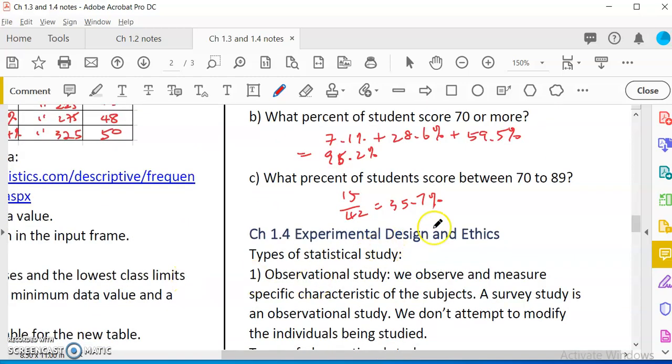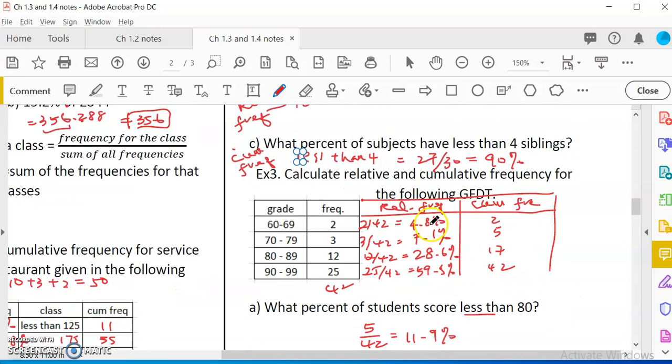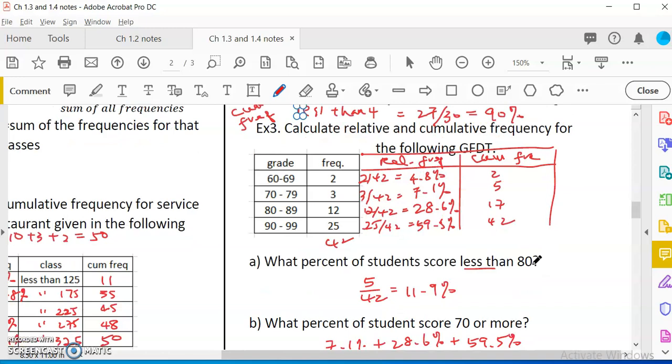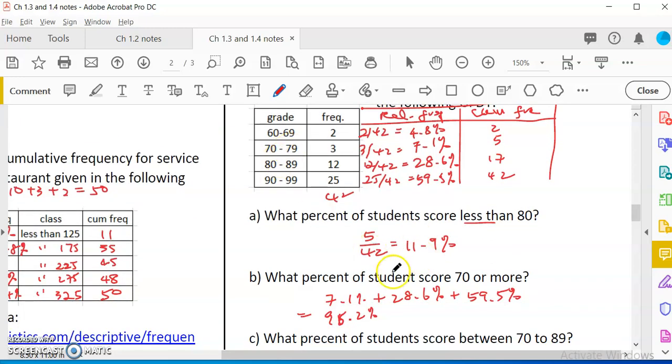So that's all I want to talk about for frequency distributions. The main thing is, if someone gives you a frequency distribution, how do you use it to give some information about the summary of the data? Sometimes you have to look at the percentage of less than a value, like less than 80. We don't know what the data is.